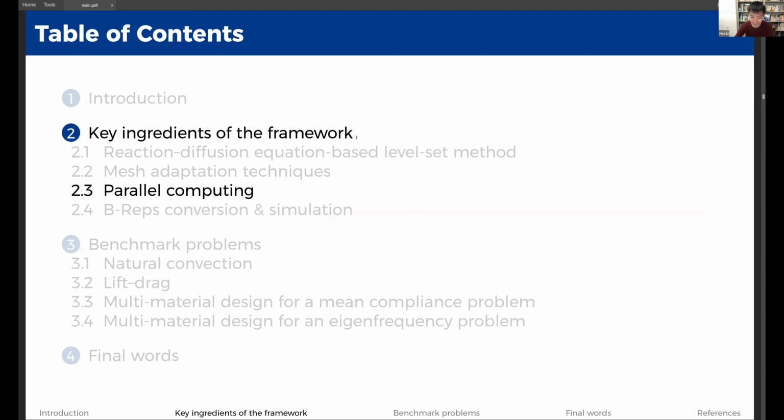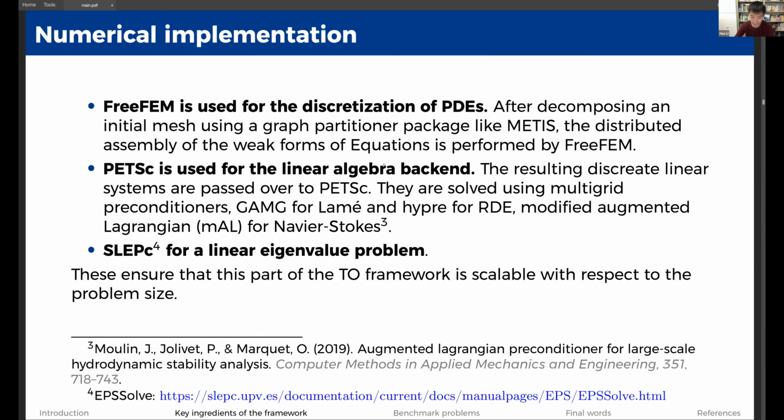The next key point is parallel computing, because we want to solve not only 2D but also 3D problems. FreeFEM is used for discretization of PDEs, and PETSc is used for the linear algebra backend. Physics-tailored preconditioners are used for different PDEs.